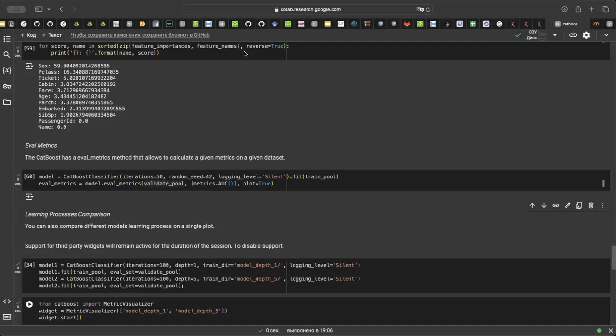Okay. Yeah, so we just calculate it, it will be just our mistakes, right? Just false positive rate and true positive rate.